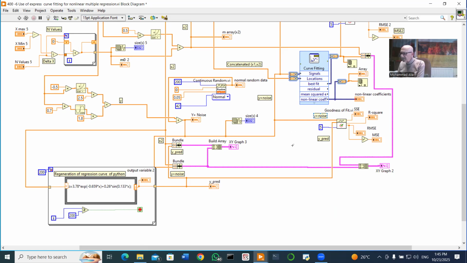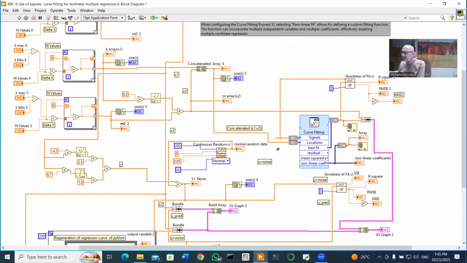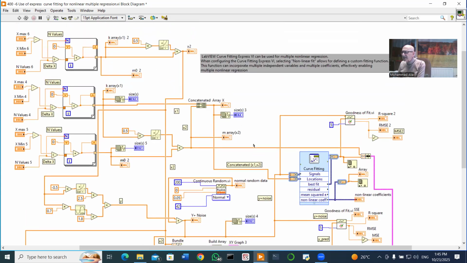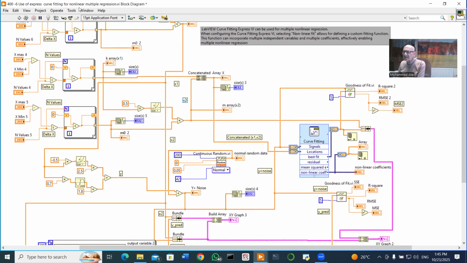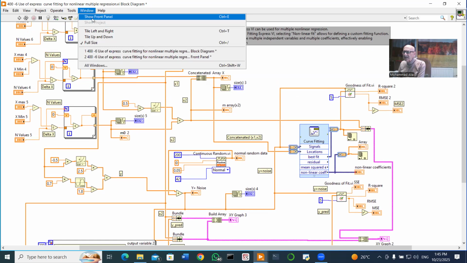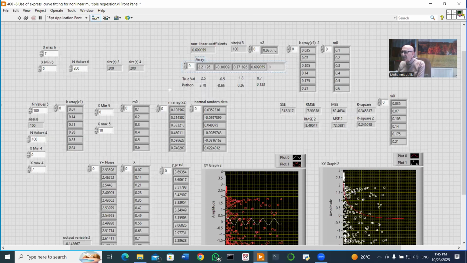Okay, so I think now everything has been explained to you. If we run the program now, we shall see, let us go to the front panel. Now, if we run the program, here is what we have.